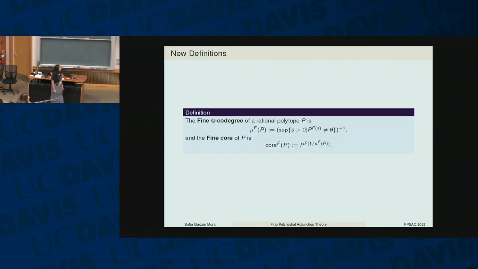And then we can also redefine the invariants I told you about. So the fine Q codegree is now the reciprocal of this quantity by which you can push by all valid inequalities before it's empty. And also, well, the fine core, you can let your imagination run wild and figure out what it is.